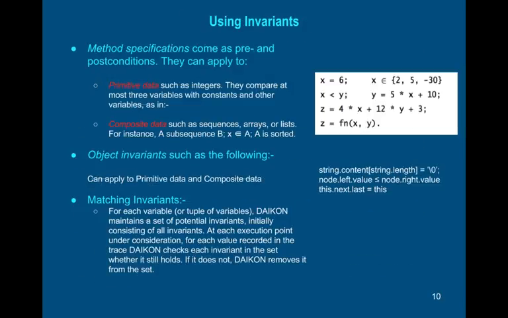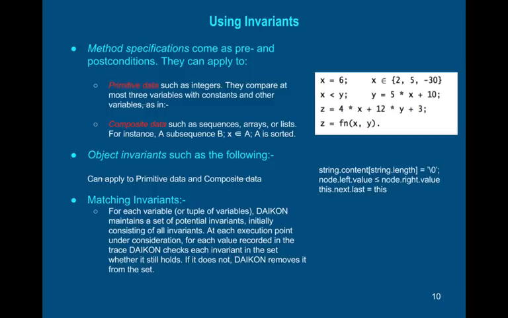Method specifications come as pre and post conditions, as discussed before, and they can apply to primitive data types such as integers, comparing at most three variables with constants and other variables, as in the picture on the right.